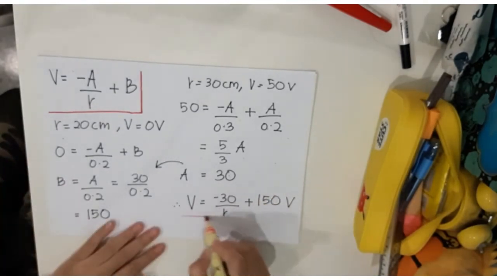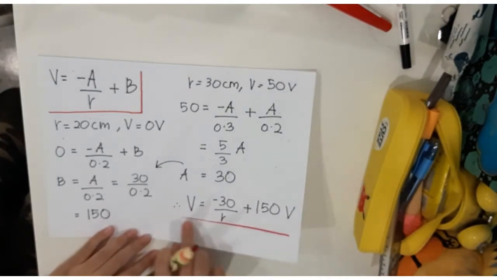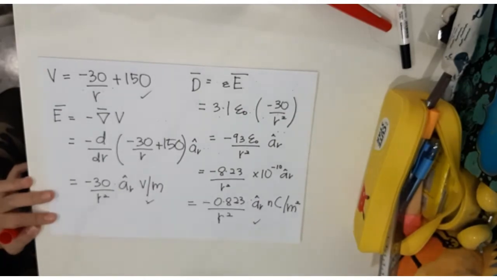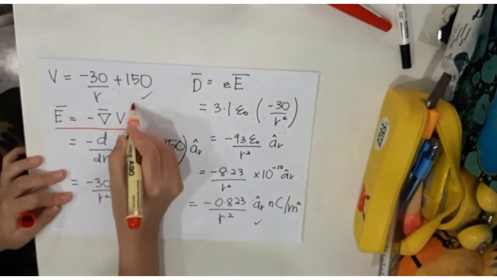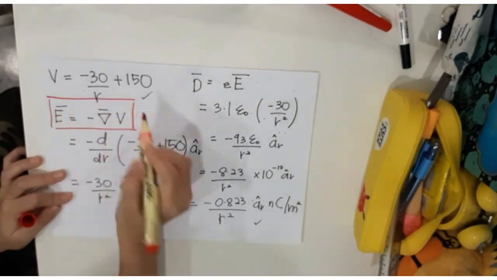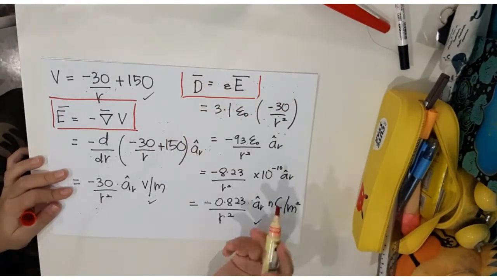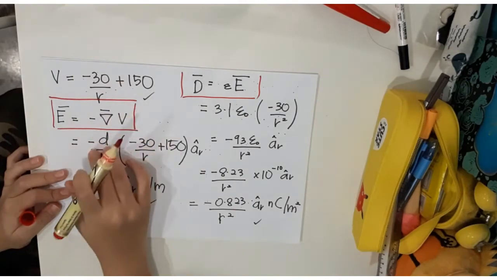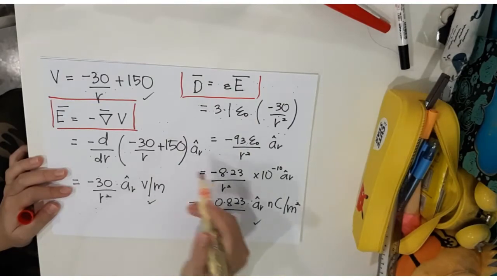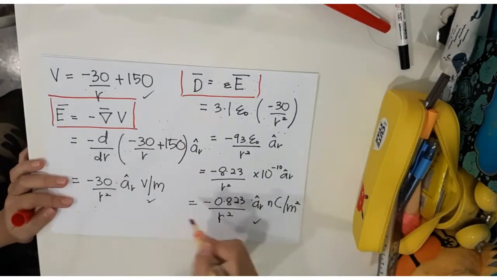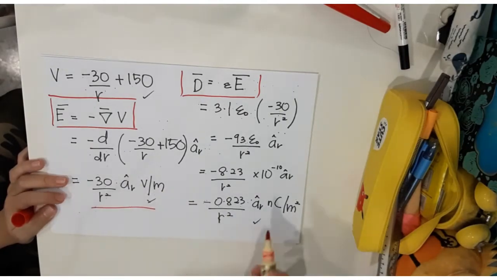At the end we will get V equal to negative 30 over R plus 150 V. Next we need to find E and D. For E, we use E equal to negative del V, and for D we use D equal to permittivity times E. If you did not find V, you cannot answer E. If you did not find E, you cannot answer D. As you can see, the questions are related to each other. In the end, you will get E equal to negative 30 over R squared, and you get D.